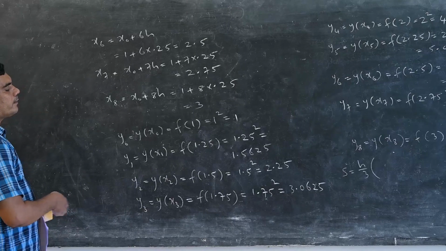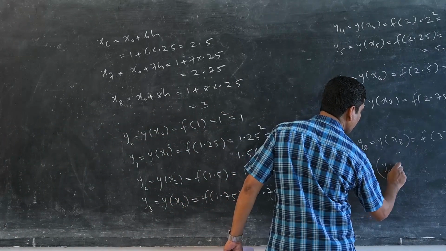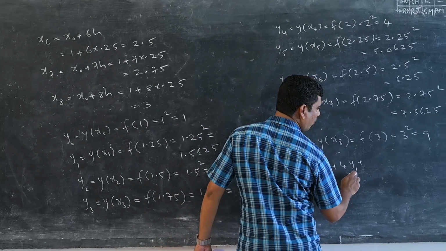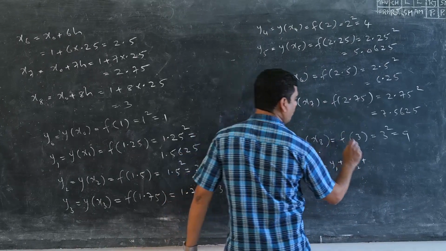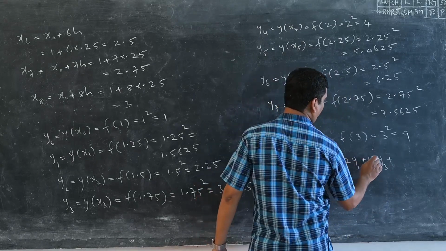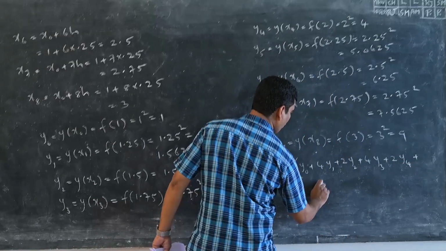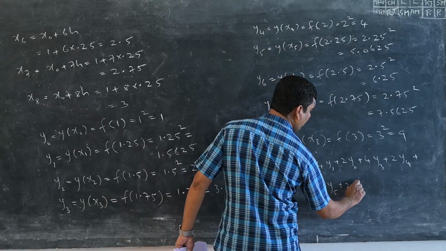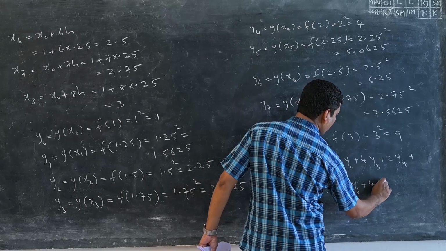So the formula is h by 3 into y0 plus 4 into y1. This is odd suffix. 2 into y2, even suffix multiply by 2. 4 into y3, odd suffix multiply by 4. Even suffix 2y4 plus 4y5, 2 into y6, 4 into y7, odd suffix.